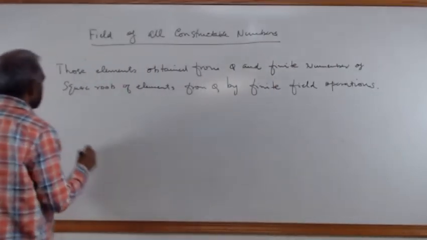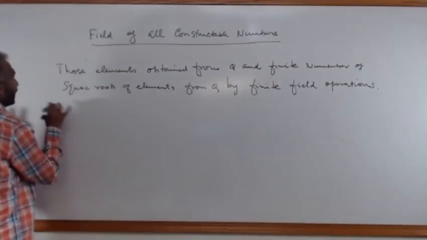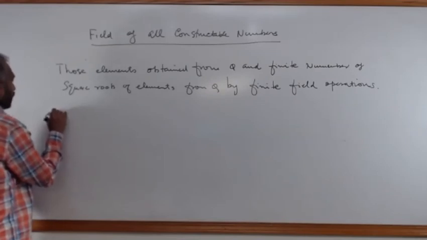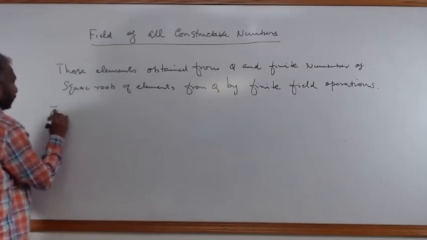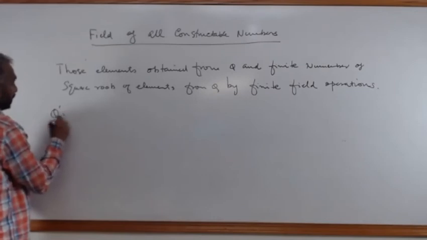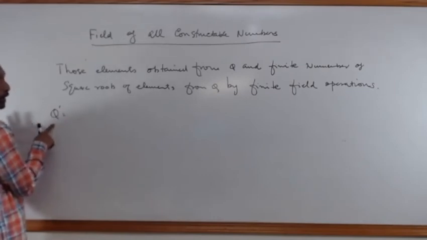What I mean is, this contains, let's call it Q bar or Q prime. This is the field of all constructible numbers.